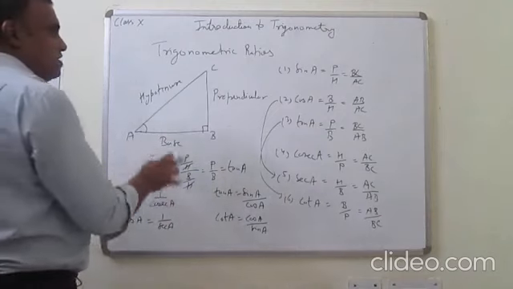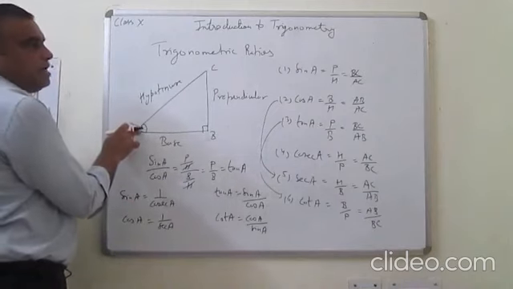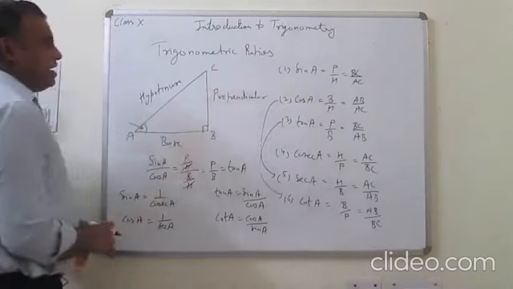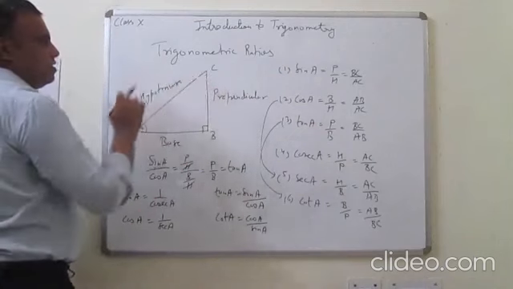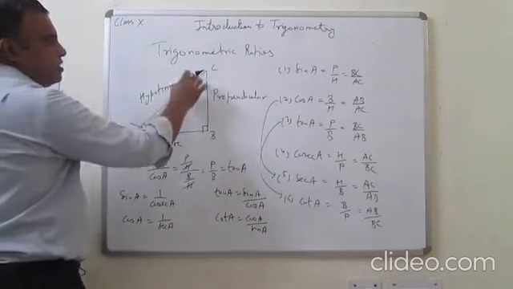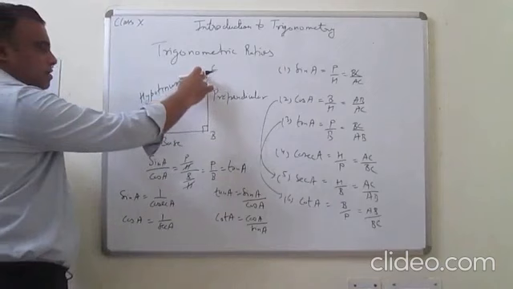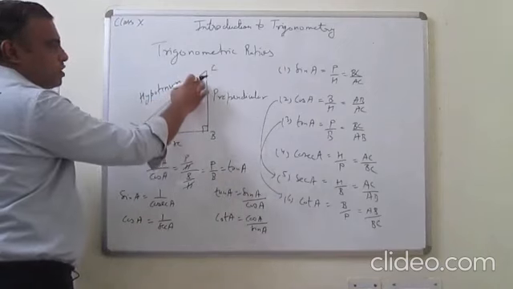Now, I will change the angle. Here the angle is A. Now I will take angle C instead of A. If I take angle C, the perpendicular is changed. Perpendicular is the side opposite to the given angle.